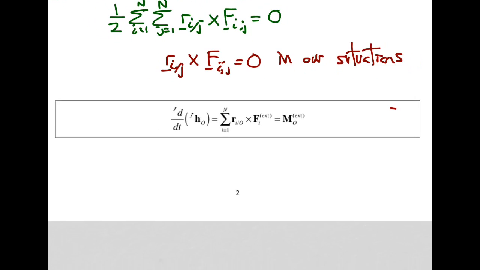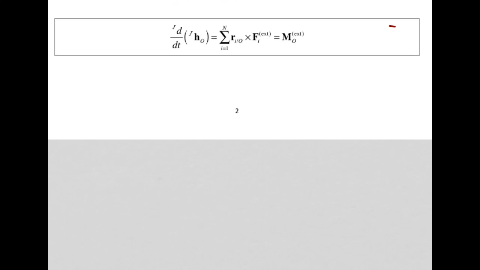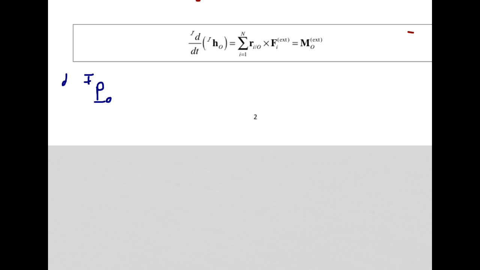So let's discuss just for a moment the conservation of total angular momentum. Once again we have parallels with total linear momentum from Chapter 6. We said in Chapter 6 that when our total linear momentum is conserved, so the time derivative of our total linear momentum is equal to 0, then the sum of all the external forces that act on the system is equal to 0.